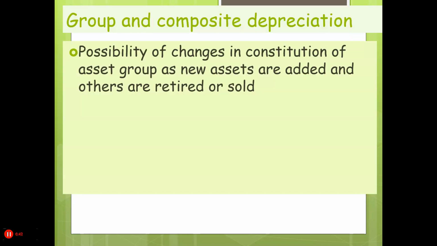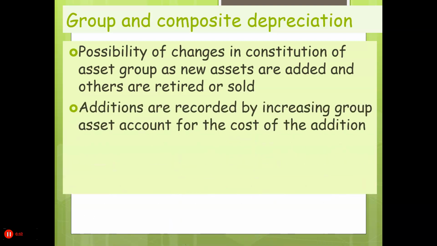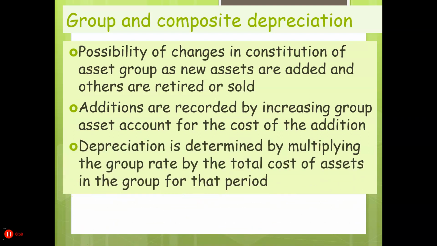Now, there is the possibility of a change in the constitution of the asset group as new assets are added and others are retired. These are things you have to take into account. Additions are recorded by increasing the group asset account by the cost of the addition, and depreciation is determined by multiplying the group rate by the total cost of assets in the group for that period.